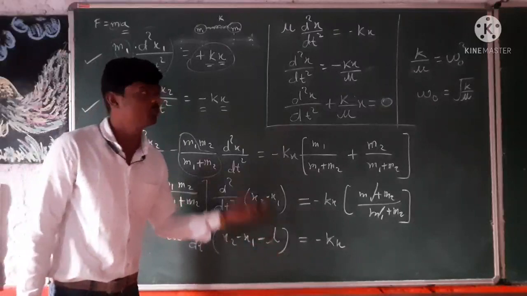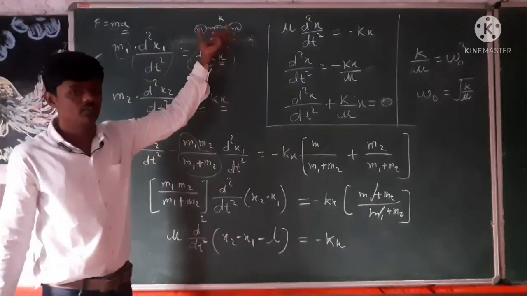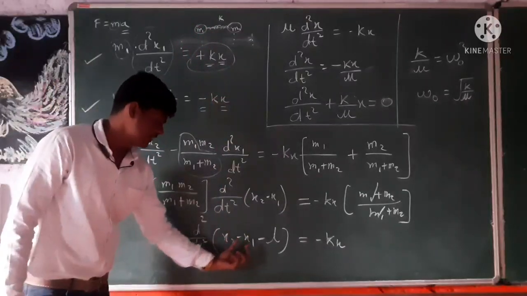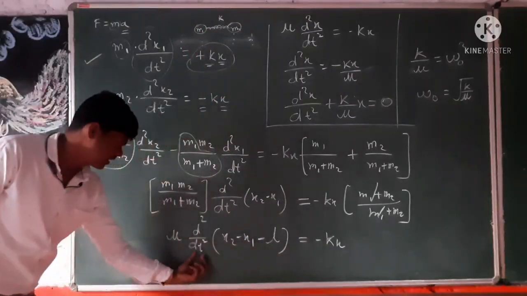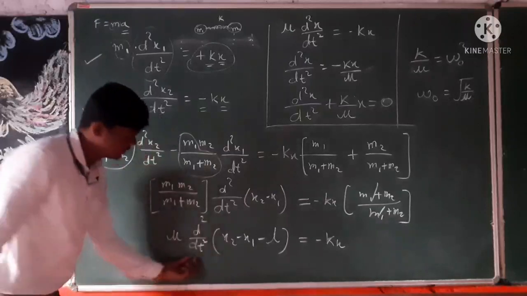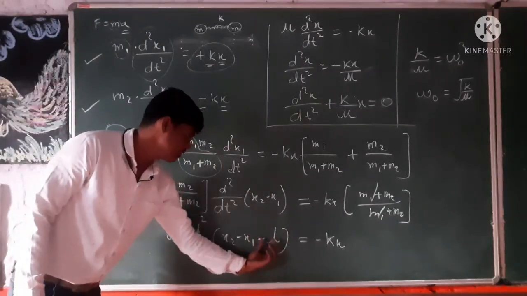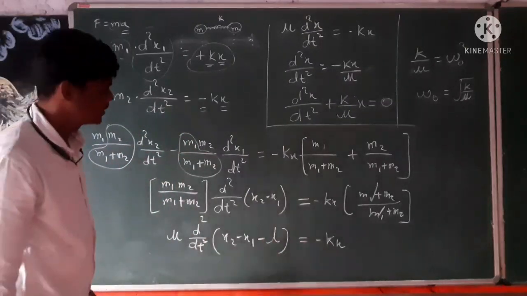Because L is a constant. We know the constant distance between these two when they are at room temperature, the mean positions. So that will be constant. When we take its derivative with respect to time, it will be 0. So if we take it or not, it doesn't matter. So we are just taking it for our calculations.